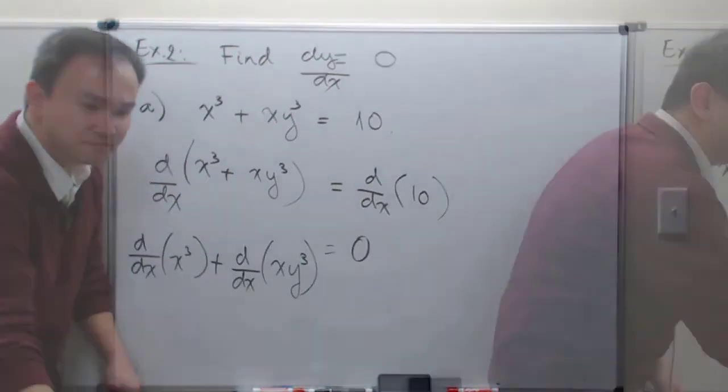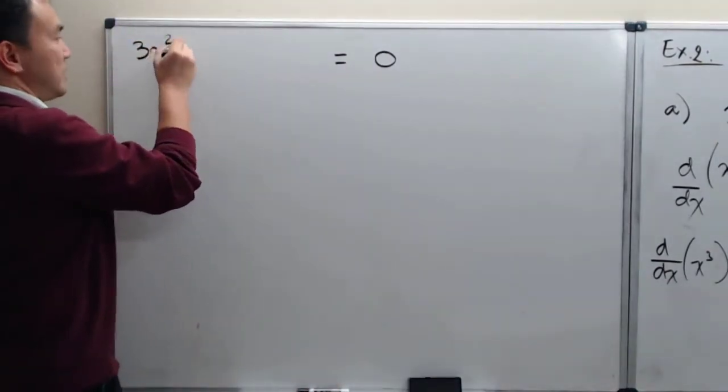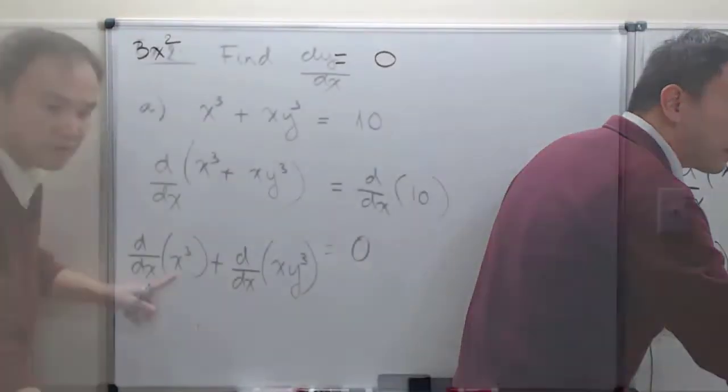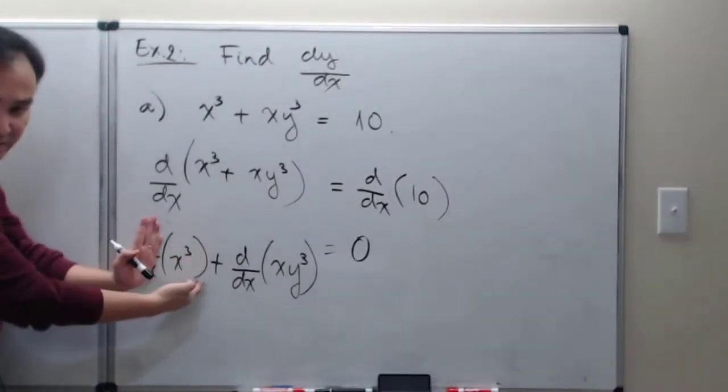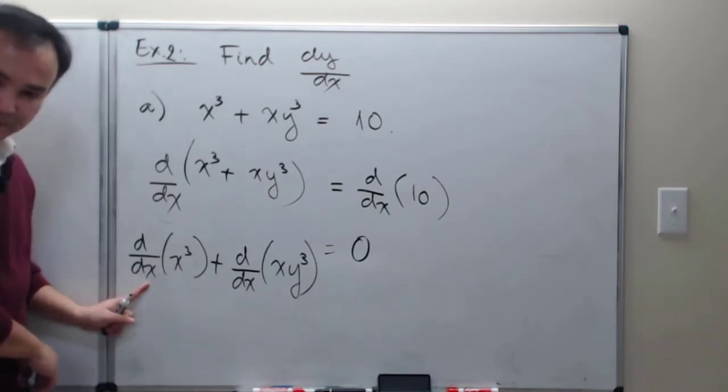So now, the first term becomes 3x squared. That's it, because the x cubed term was already explicitly defined in terms of x, and our derivative here is in terms of x. Okay?